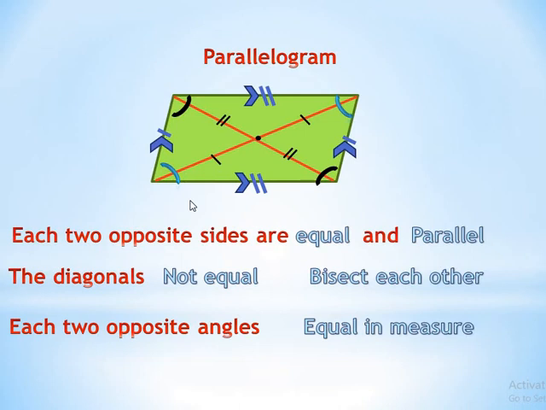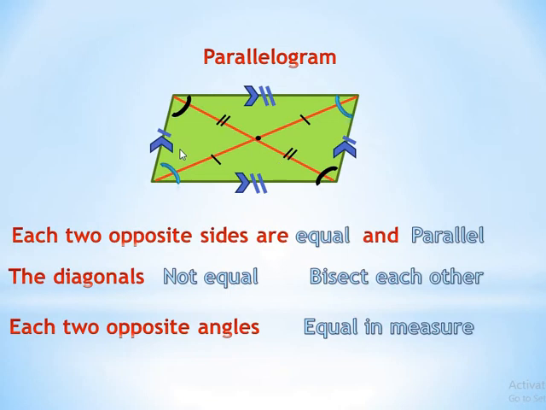What about also the angles? We have something we call the consecutive angles. What is the meaning of consecutive angles? Consecutive means comes directly after it. This angle and this angle are consecutive angles, like here and here.